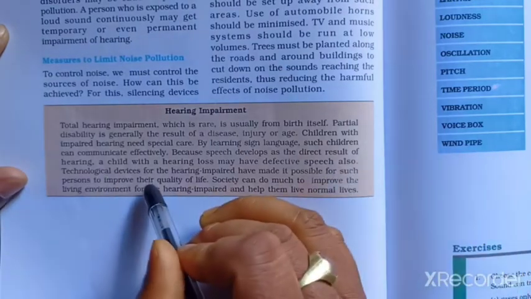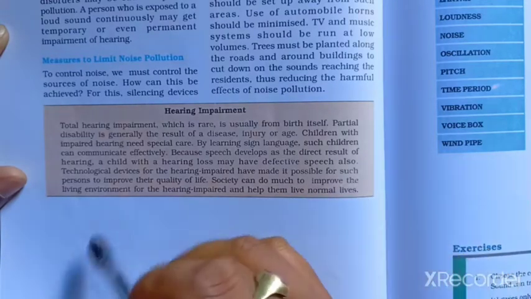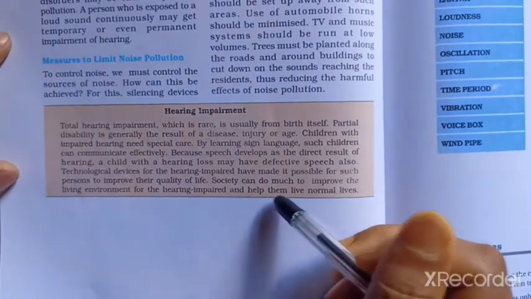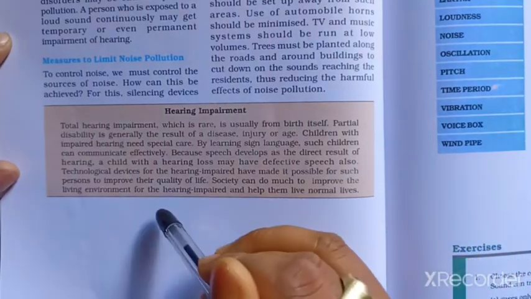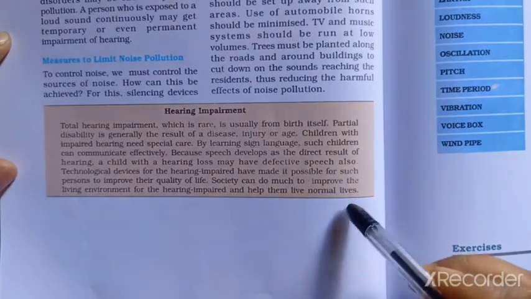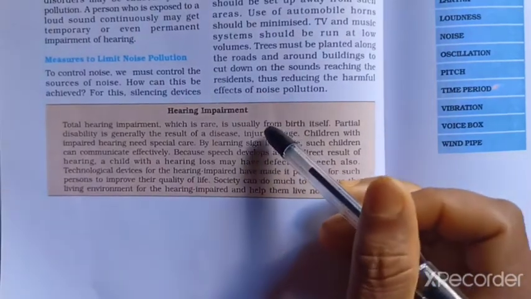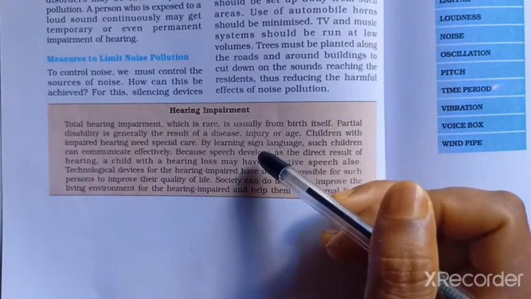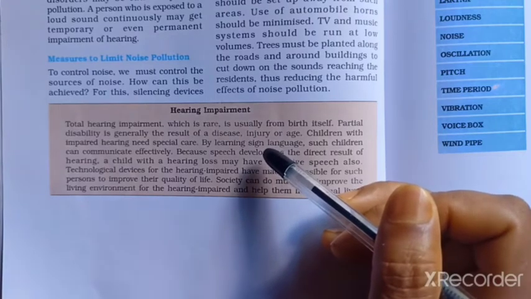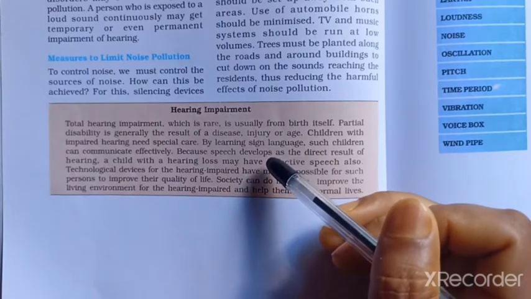Technological devices for the hearing impaired have made it possible for such persons to improve their quality of life. Society can do much to improve the living environment for the hearing impaired and help them live normal lives. So these are the points about hearing impairment. Total impairment is usually from birth itself, and partial disability is generally the result of disease, injury, or age.